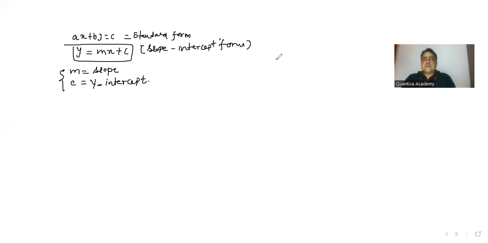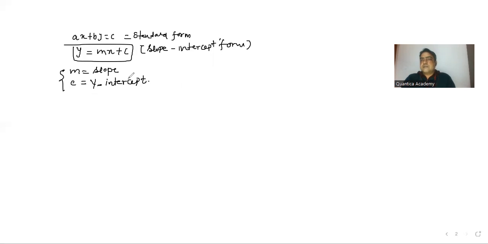In other words, the angle it forms with the x-axis is called slope. If a given straight line makes some angle with the x-axis, then this angle is known as the slope of that line.